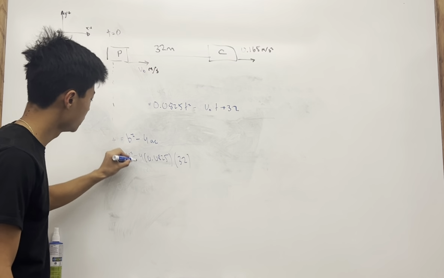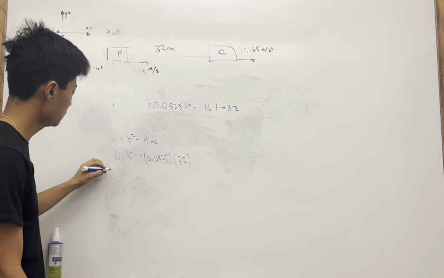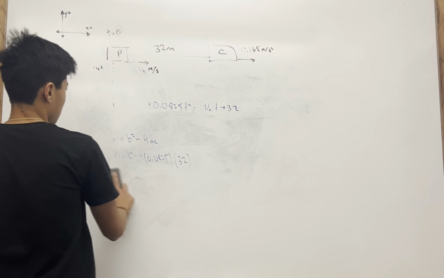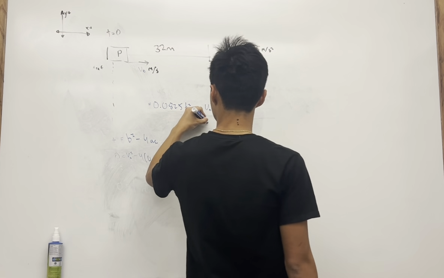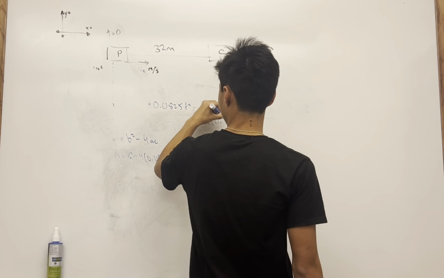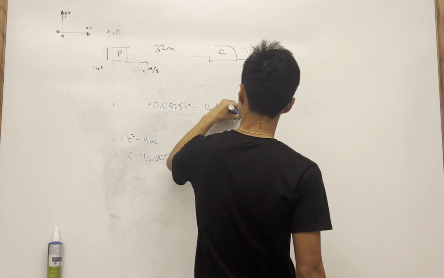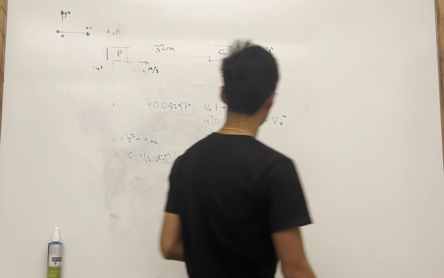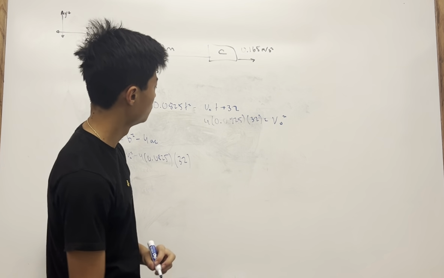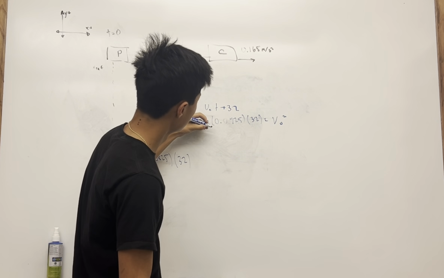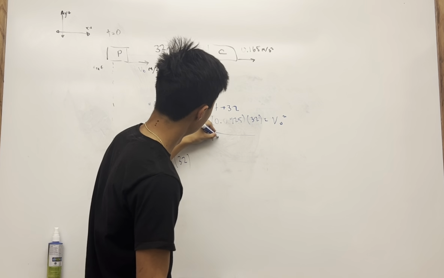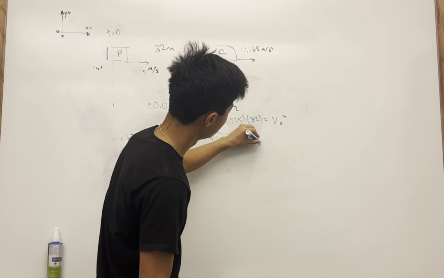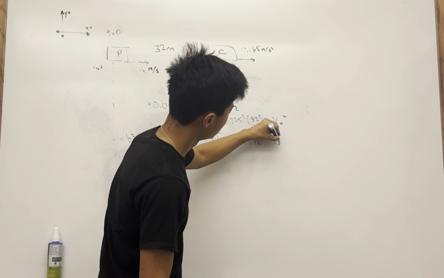Now if we move this whole thing to this side, we then have 4 times our a value times our c value equals v0 squared. And we can just square root both sides. Then we get the square root of 4 times 0.0825 times 32 equals v0.